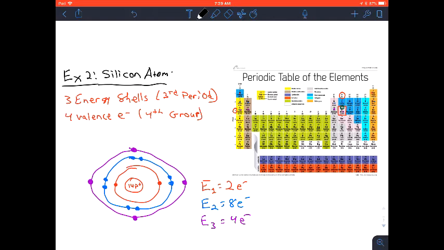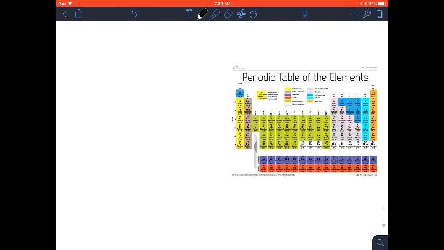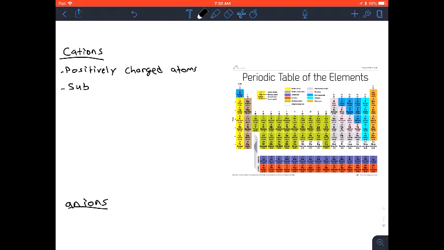However, we do have the option of making Bohr models for cations and anions, which we're about to do right now. Just as a refresher, cations are positively charged atoms. In order to form cations, we have to subtract valence electrons.